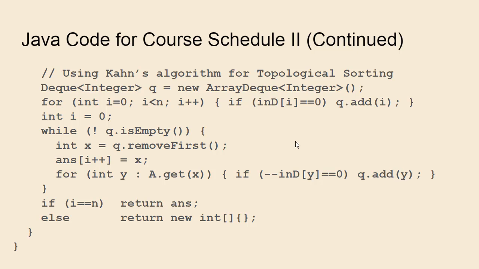So that's all. And then after the loop, I check whether I have added all n nodes. If I have, I will return answer. Otherwise, I will return an empty array as specified in the problem description.